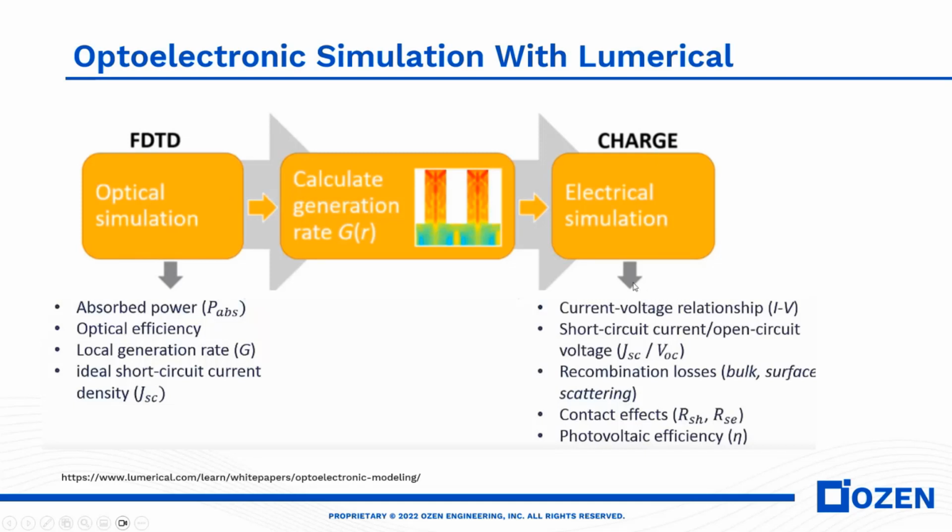In the charge, we can calculate the IV curves, short circuit current, open circuit voltage, recombination, if we have some recombination like Auger, Shockley-Read-Hall, or other recombination, and finally we can calculate the photovoltaic efficiency. This is the whole workflow. For more information, you can also look at our knowledge base article at the Ansys website.